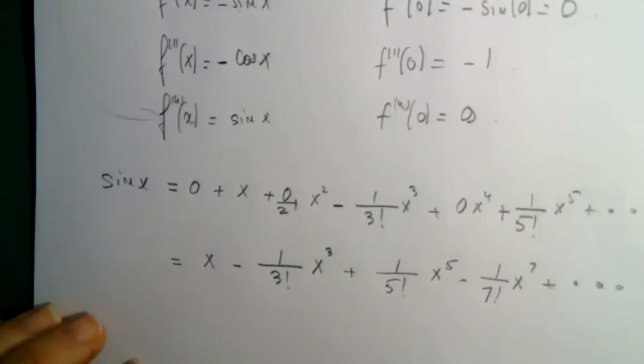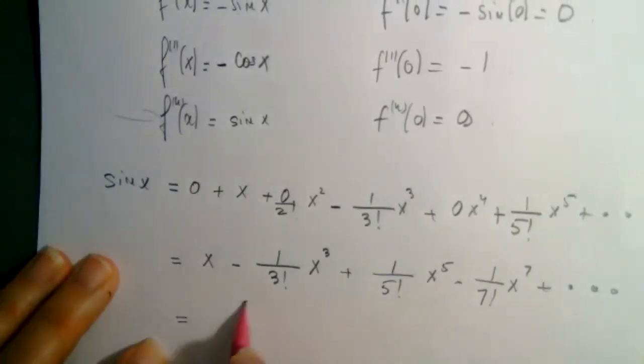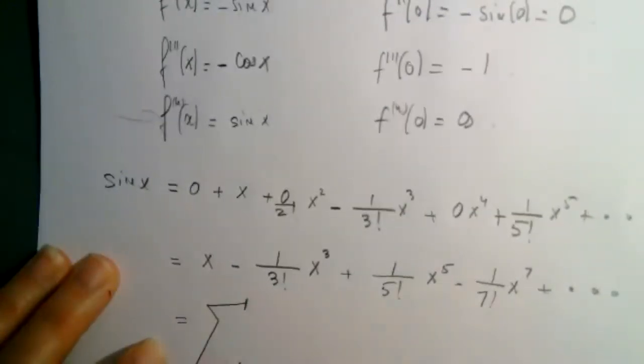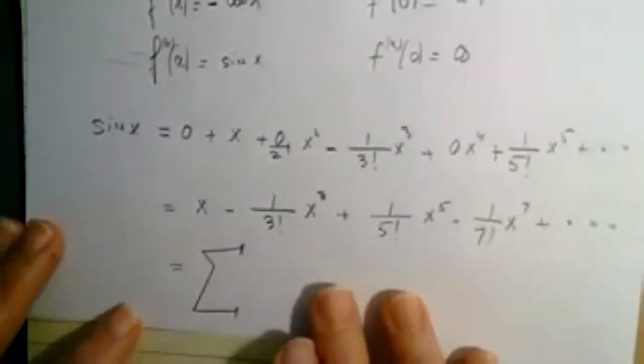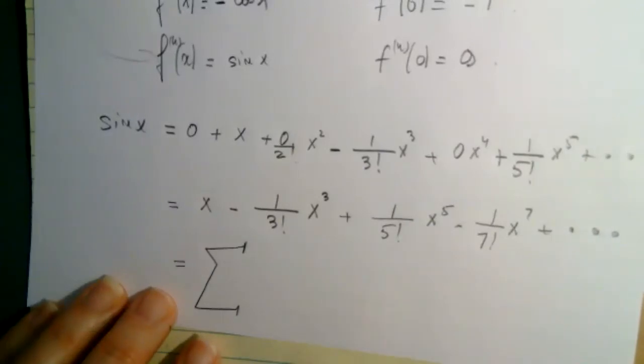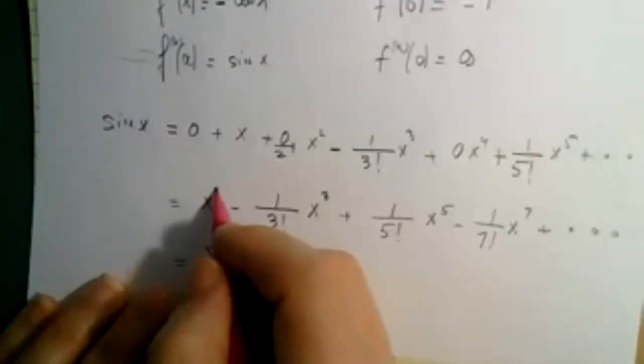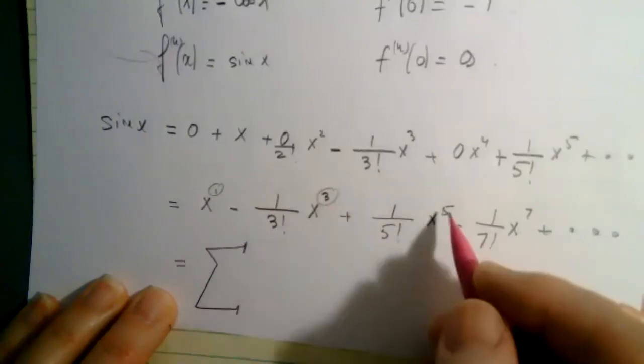So in sigma notation, because we should know how to write sine in sigma notation. Okay, let's do it in sigma notation, and let us watch what's happening here. What kind of powers are left?